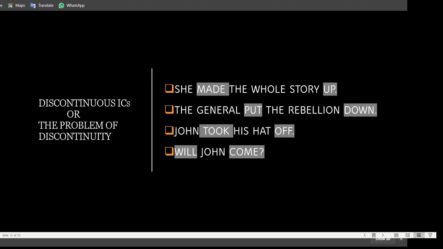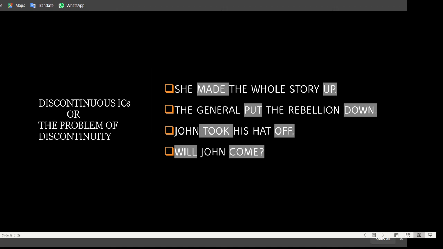She made the whole story up. The general put the rebellion down. John took his hat off. Will John come? In all these sentences there is one thing in common: there are phrasal verbs. In the first sentence the phrasal verb is made up.